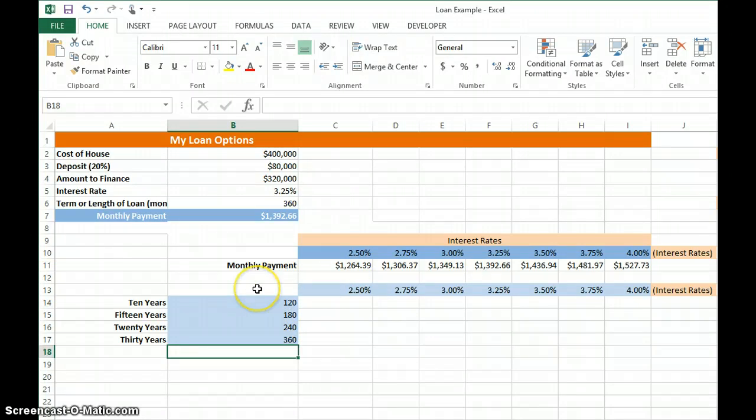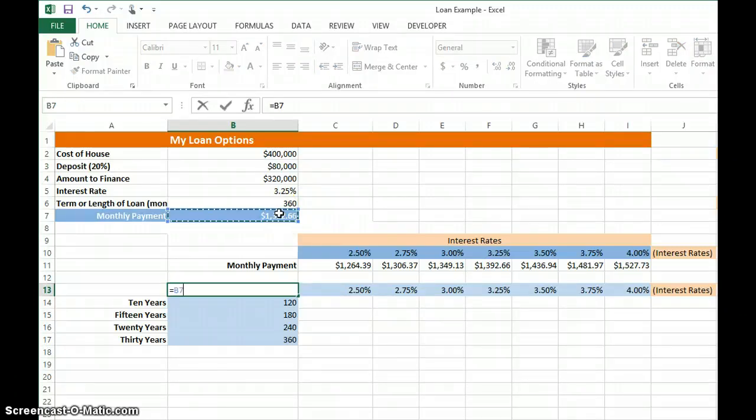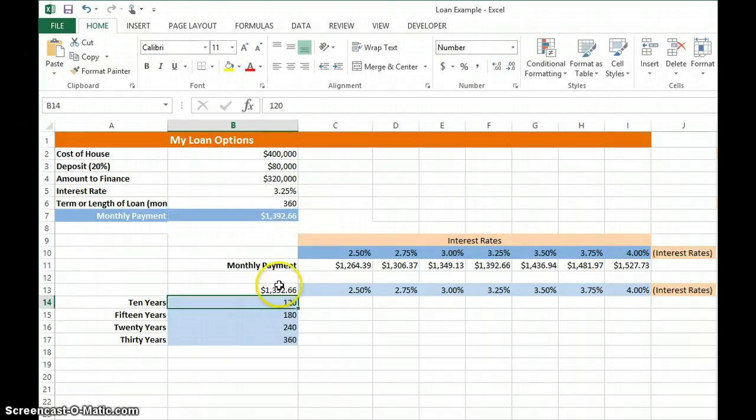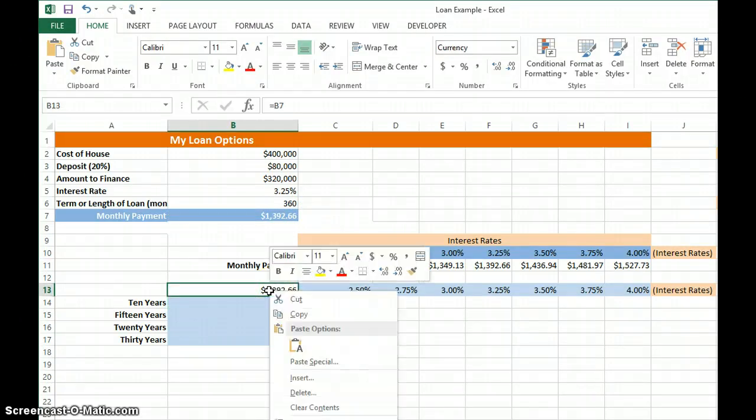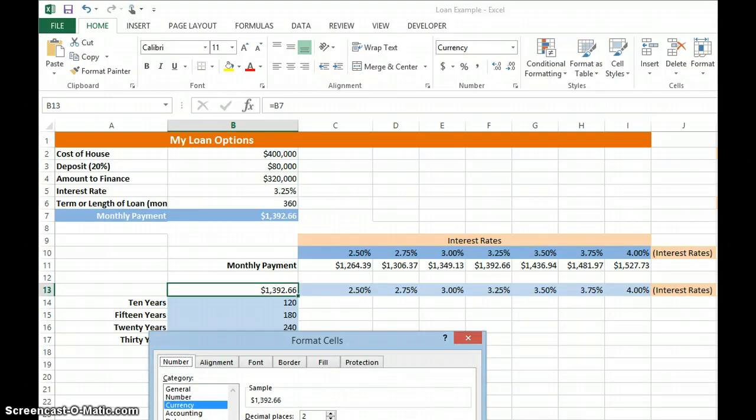We also need to use the example monthly payment from above. So as we did with the single variable, we can say equals and go to B7 and return that value. Okay, there's that value there. And as we did before, we can go and mask it so it gets it out of the way.